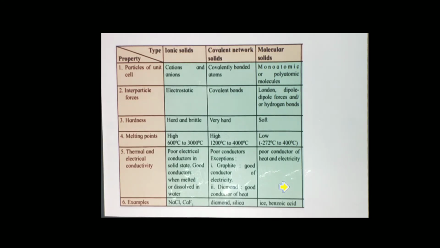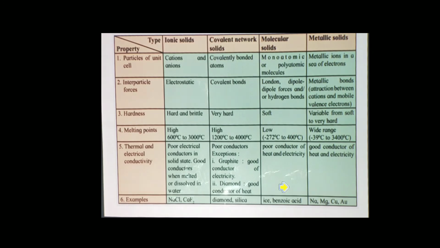in solid form. Then the last type of crystalline solid is metallic solid. In case of metallic solid, the constituent particles are metallic ions in a sea of electrons. So the metallic bond exists between the metallic ions and the sea of electrons, or we can say delocalized electrons.